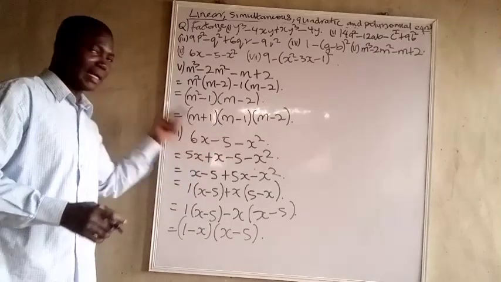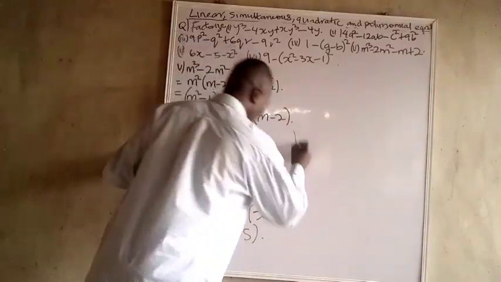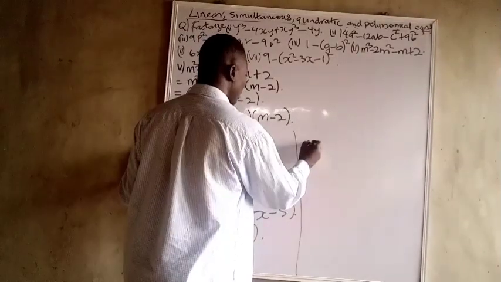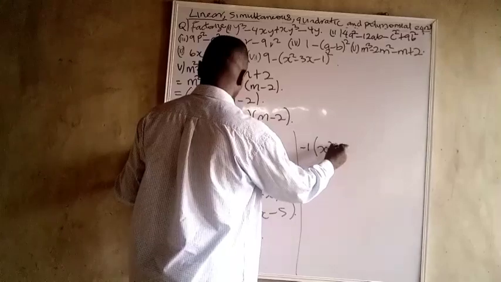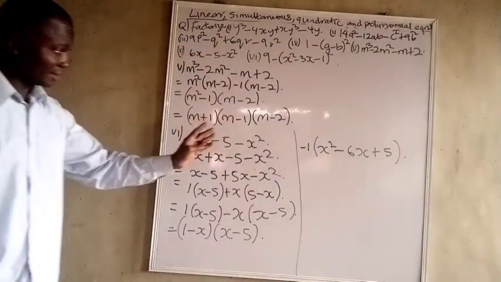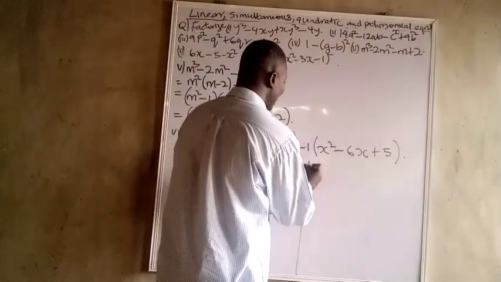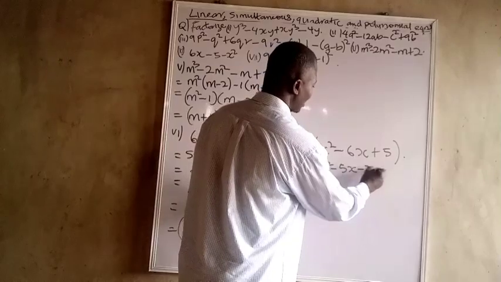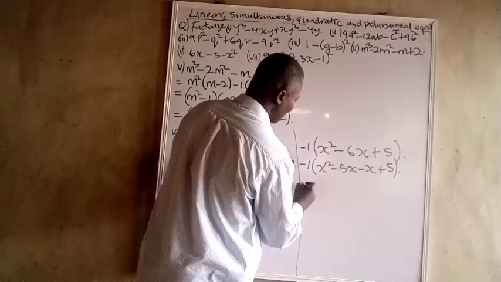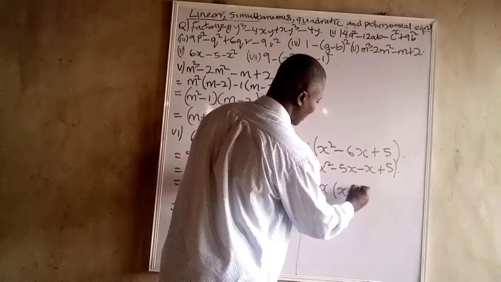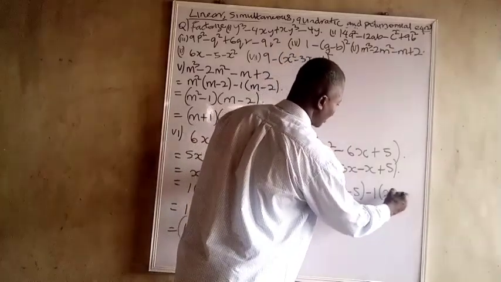Easier way, you multiply 2 by minus 1. Let's do that way. If I multiply 2 by minus 1, I maintain the one outside. So it's going to be minus 1 into x squared minus 6x plus 5. You can see, very easy now. So I can now say it's going to be minus 1 into x squared minus 5x minus x plus 5. So I have minus 1 into x into x minus 5 minus 1 into x minus 5.